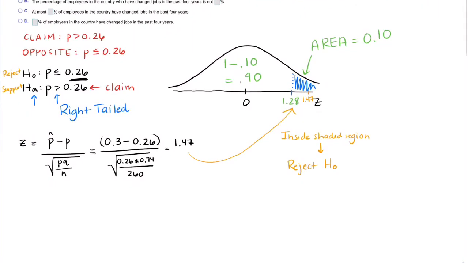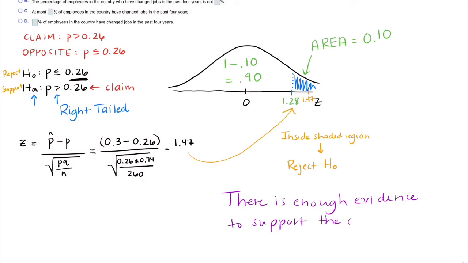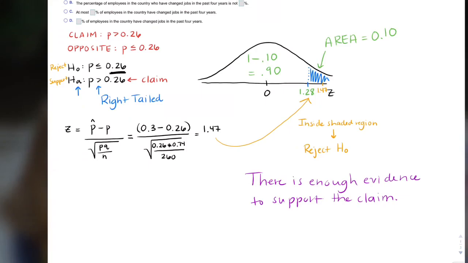So the way that I'm going to state my interpretation here, when I am able to reject, is that there is enough evidence, and I'm going to support my claim here because the claim falls in the alternative hypothesis.